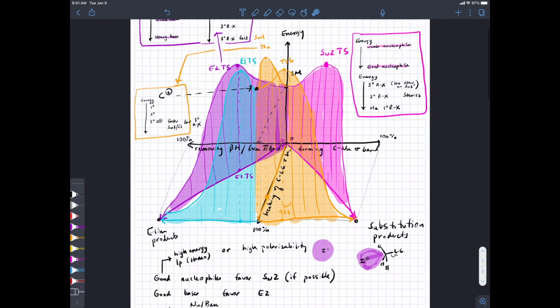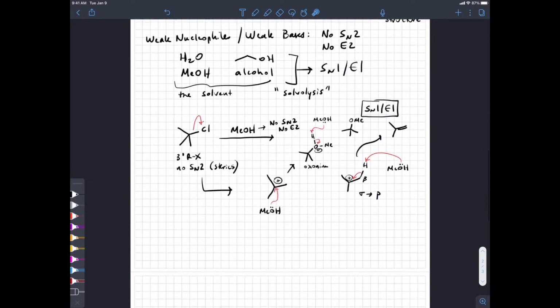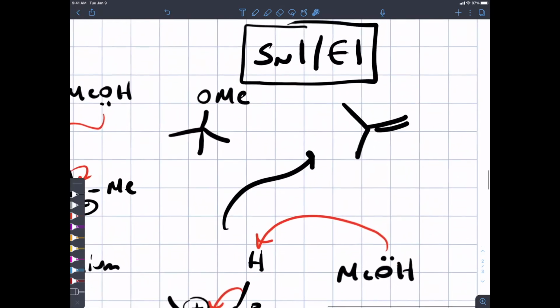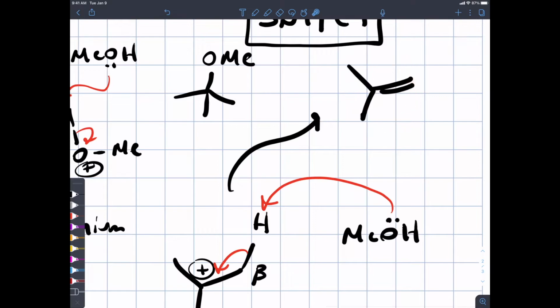And so you get both substitution and elimination products there. Yeah? Is it like a 50-50 chance? It varies on a case by case basis. So I'm not going to ask you ever to predict which of substitution versus elimination dominates. I'm going to have you anticipate both options.